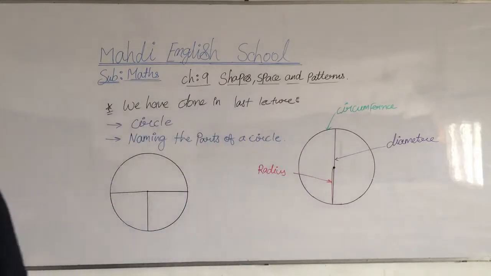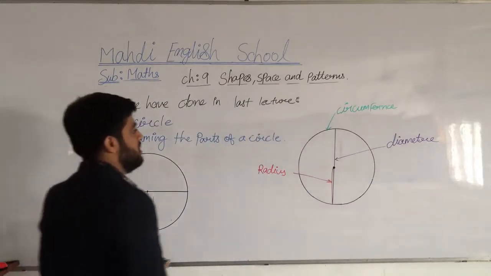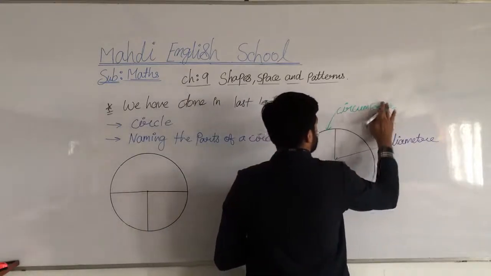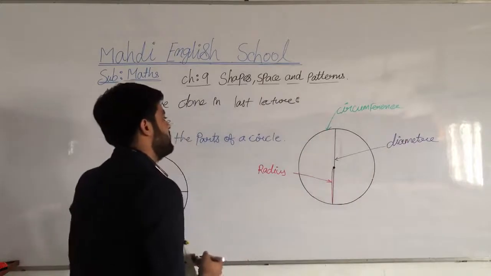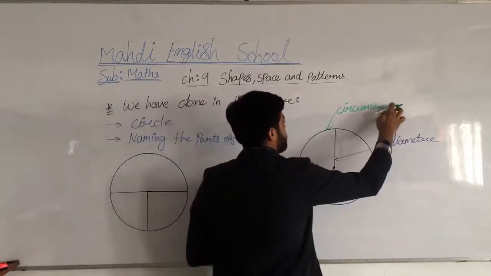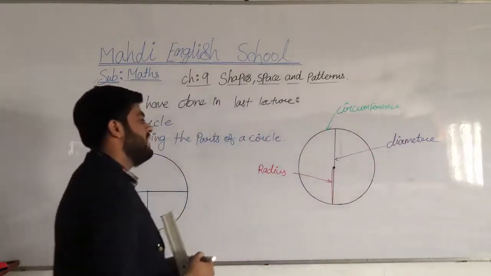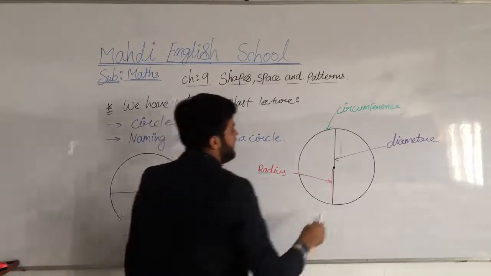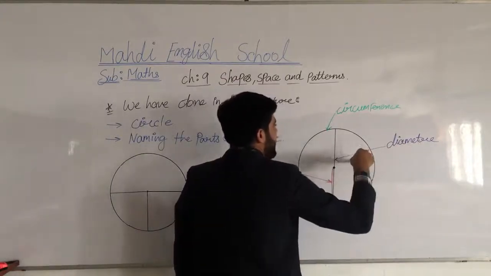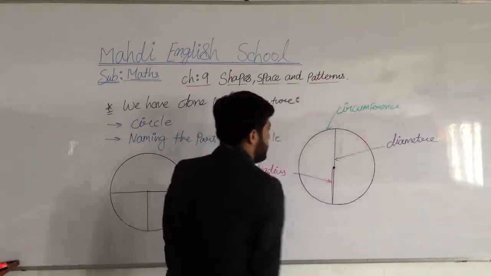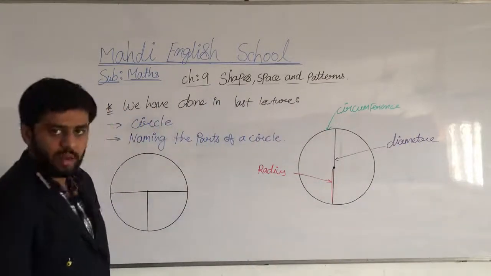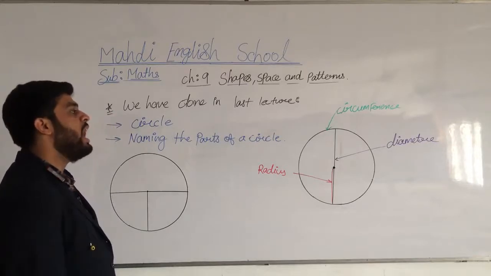The red line is the radius, the purple or blue line is called a diameter, and the circle wall is called the circumference. Got my point, my dear students? I hope you all understood.